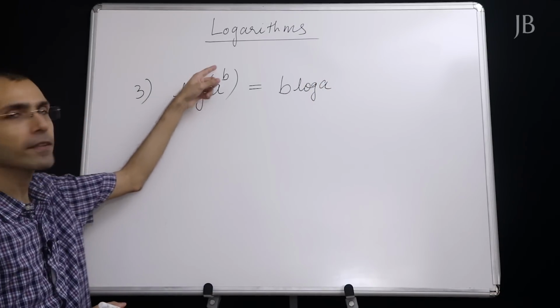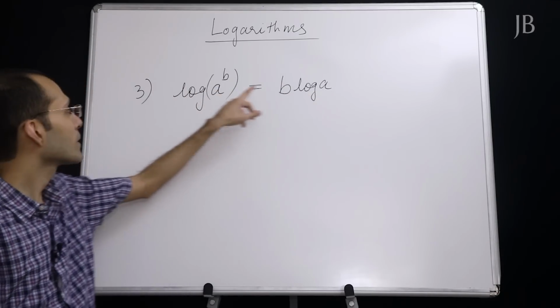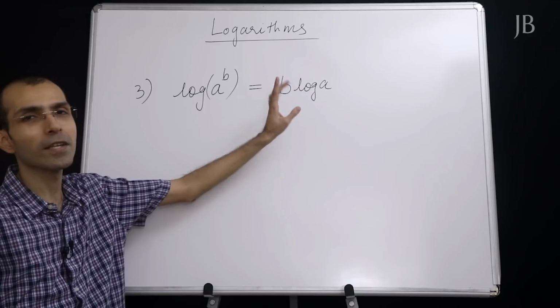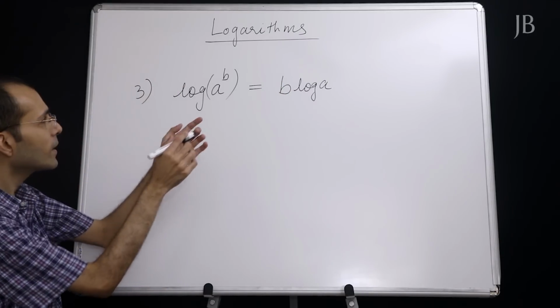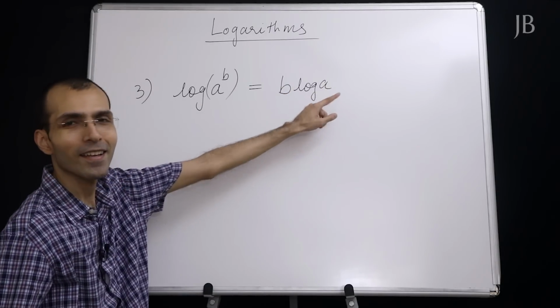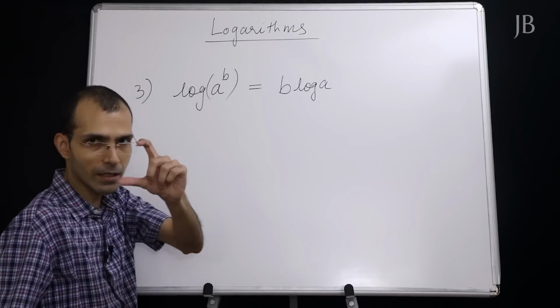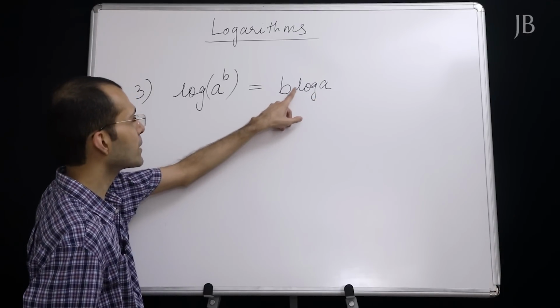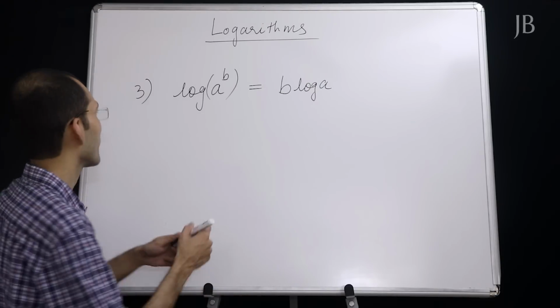Log of A raised to B will be B log A. The power becomes the coefficient. Log of A raised to B is same as B into log A. Now here two entities are there, one is log A, a single entity, the other is B, and in between, what sign is there? Multiplication. B log A, B into log A.